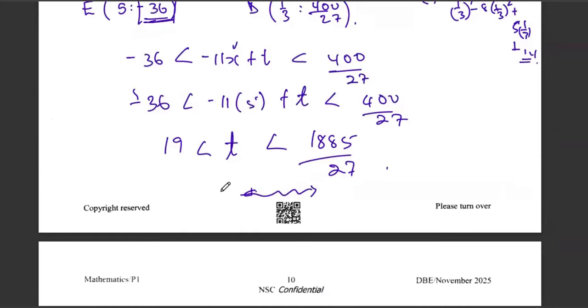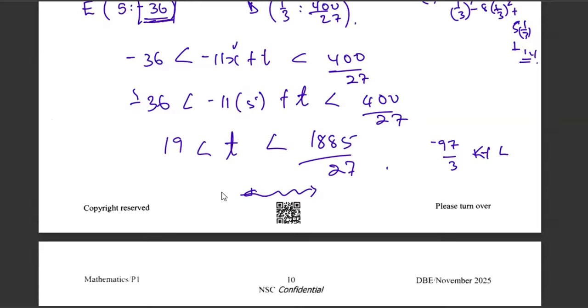I am not sure. So it's going to be negative 11/3. So negative 36 plus 11/3. That will give you a negative 97/3. Is less, t is less. Okay, we have 400 over the 27, but we are adding 11.